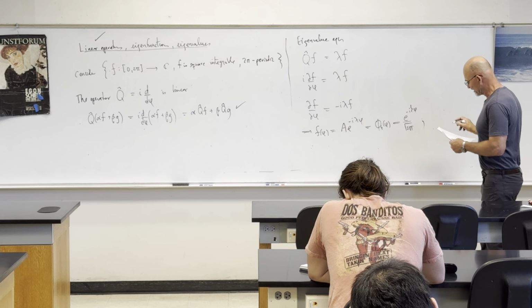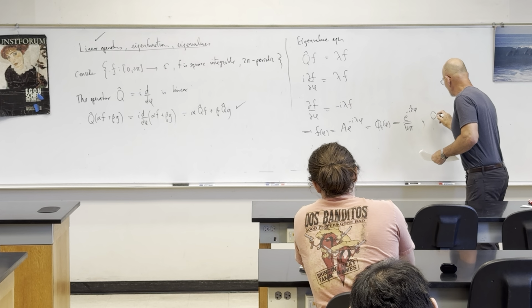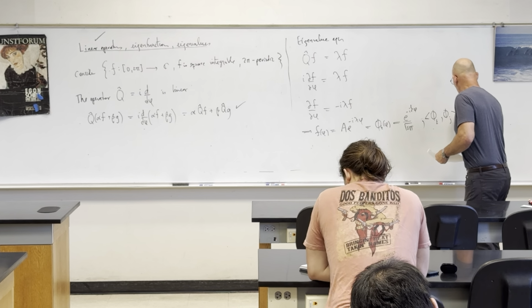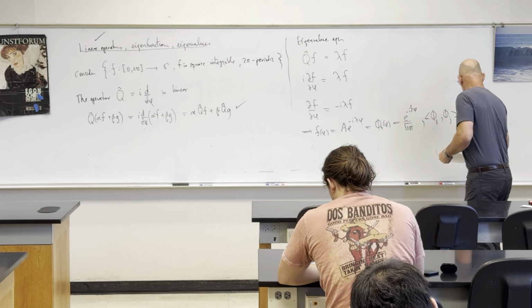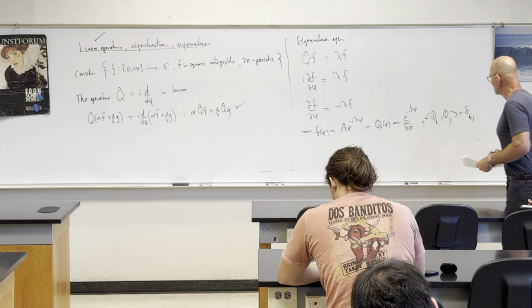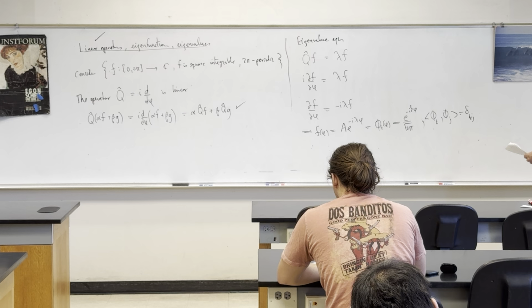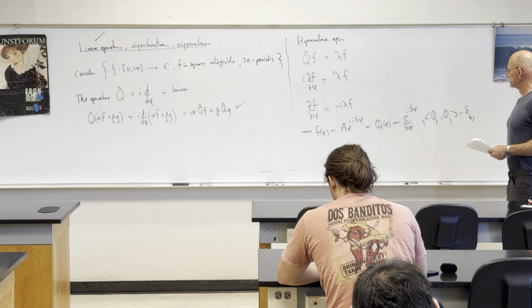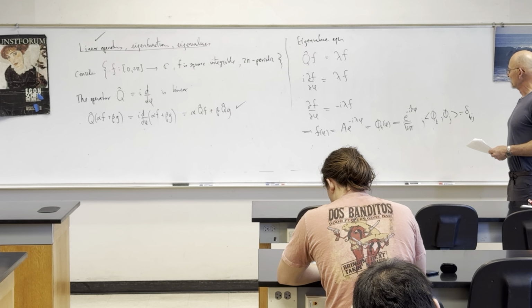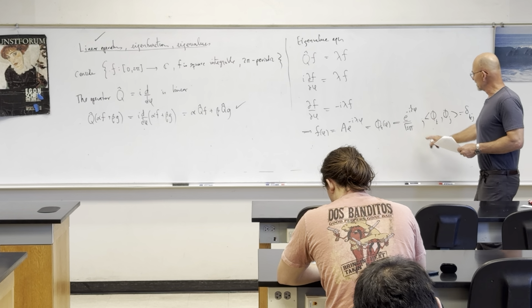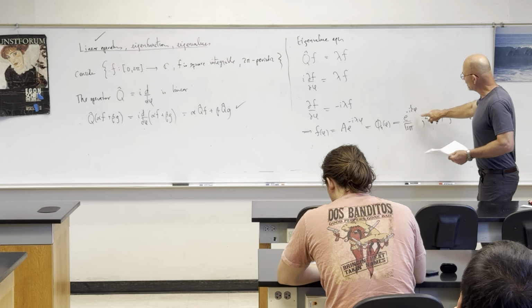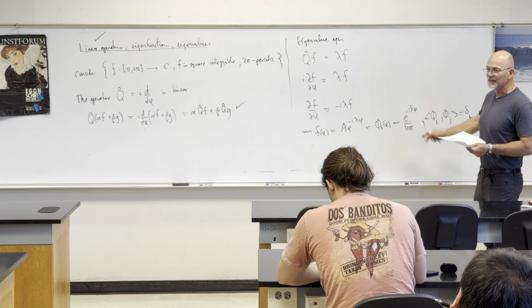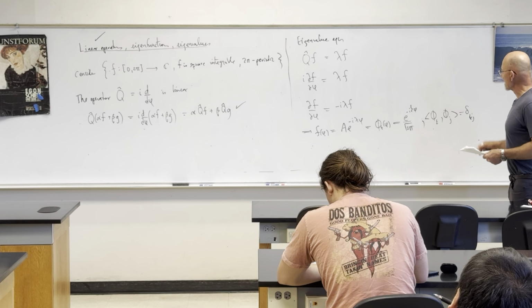And at this point I have phi sub k, phi sub j, Kronecker delta kj. Exactly the same as we had with our Fourier series. We put the 2 pi as a square root in each one of these, so we don't have the 2 pi out front anymore, but otherwise it's exactly the same.